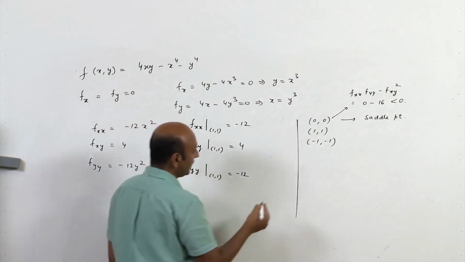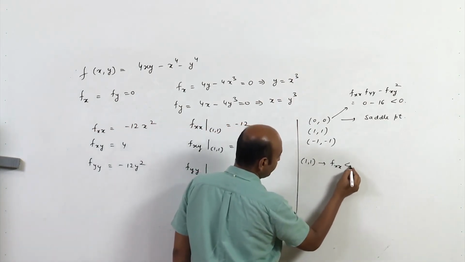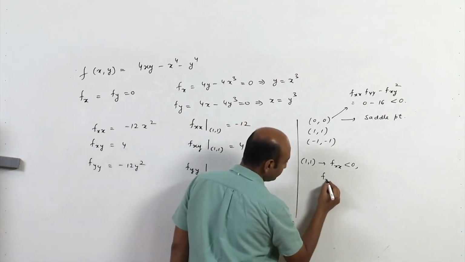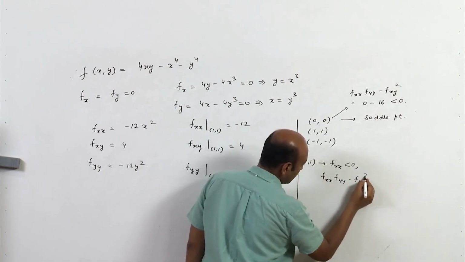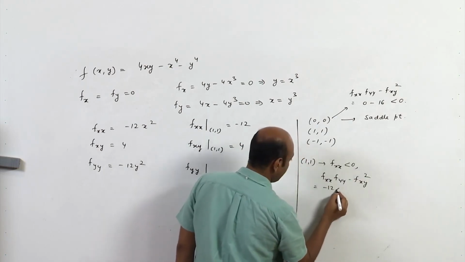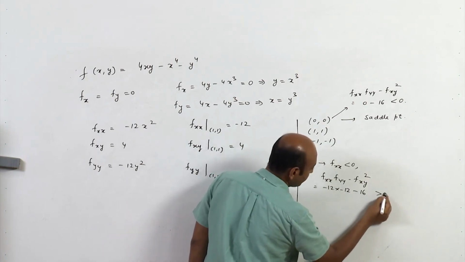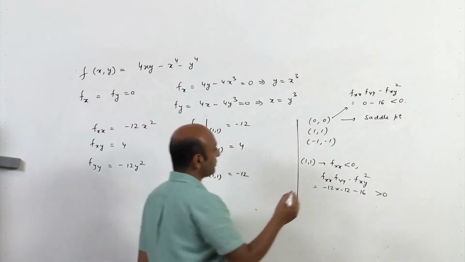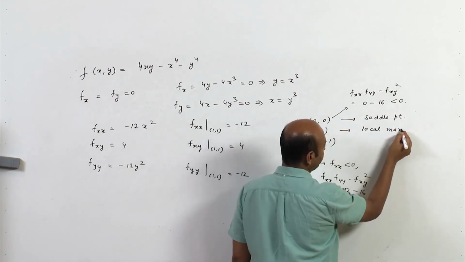So at (1, 1), fxx is negative, and what about this value? This value is -12 into -12 minus 16. Of course, it is positive. This is negative, this is positive, that means this point is a point of local maxima.